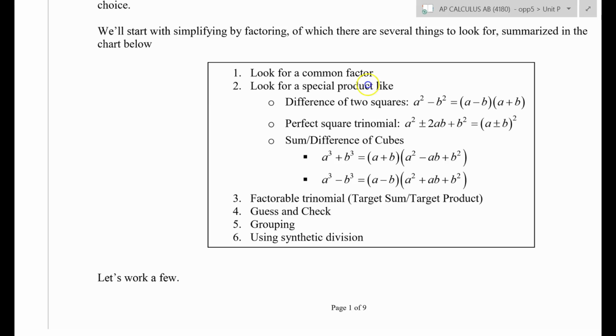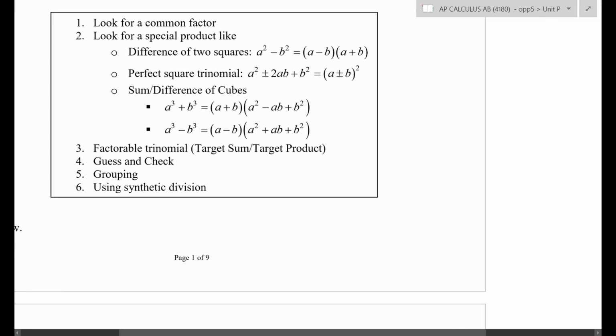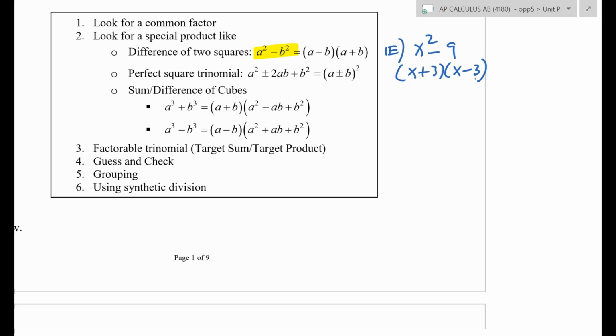The one that we're probably most familiar with is something like one of these. An example of that, x squared minus 9, which would factor to be exactly. Of course. The next one, the perfect squared trinomials. What are those?